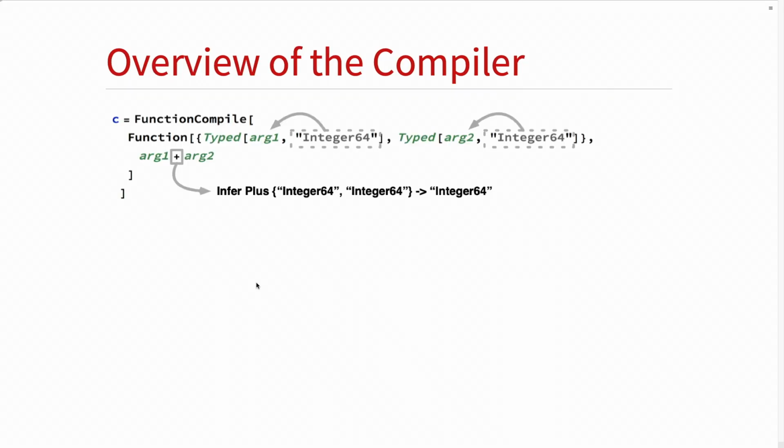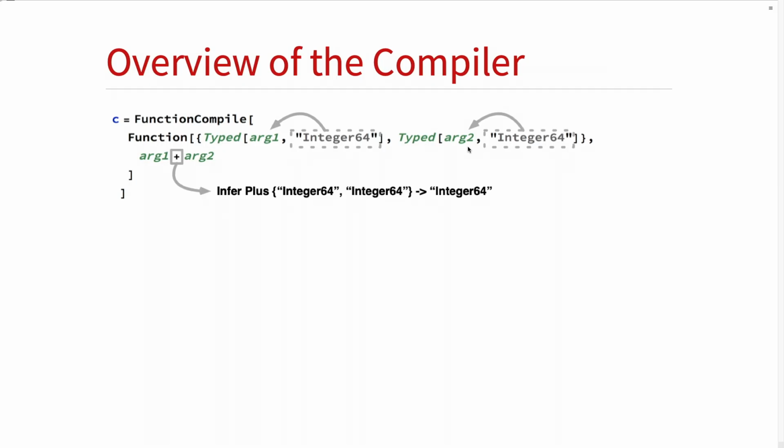This is an overview of the compiler syntax. You have the traditional function syntax, but one thing you do is annotate all the input arguments with the typed keyword. In this case, I'm saying that the arg1 type is an int64, and the arg2 type is an int64.